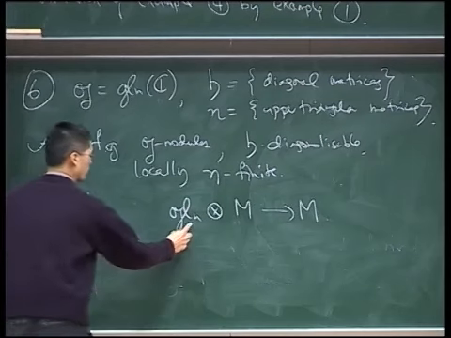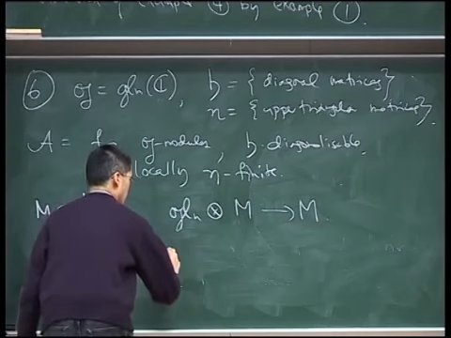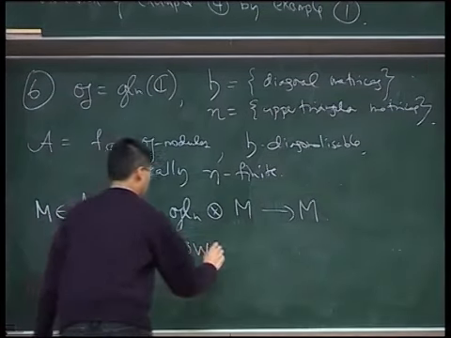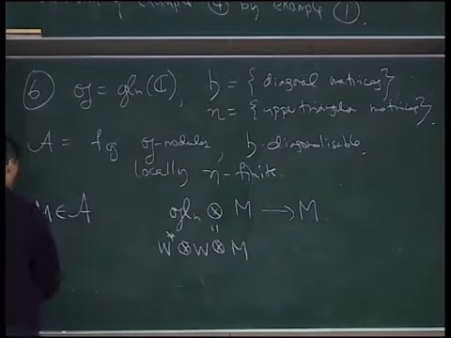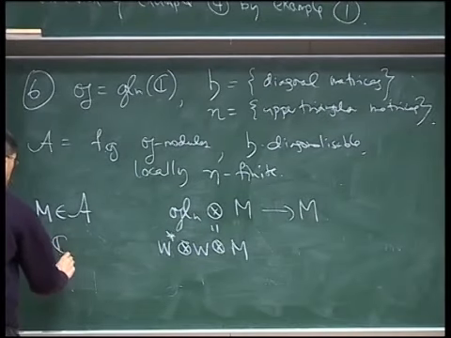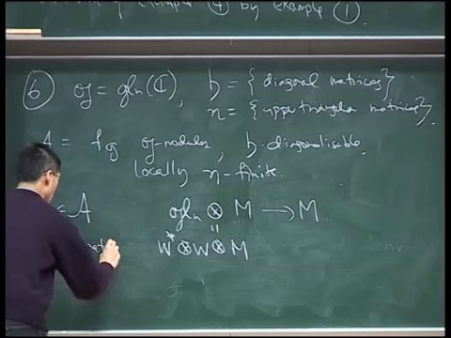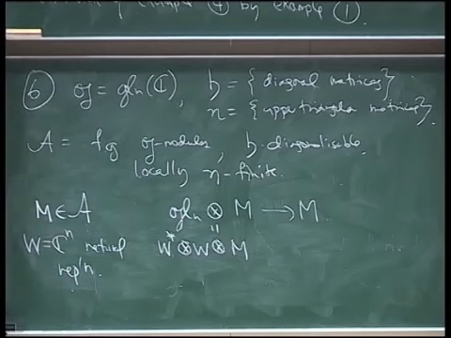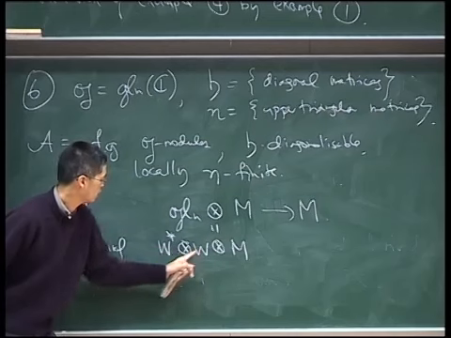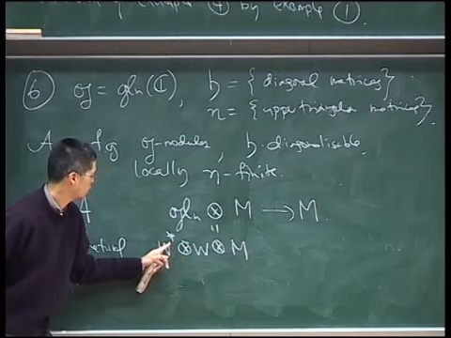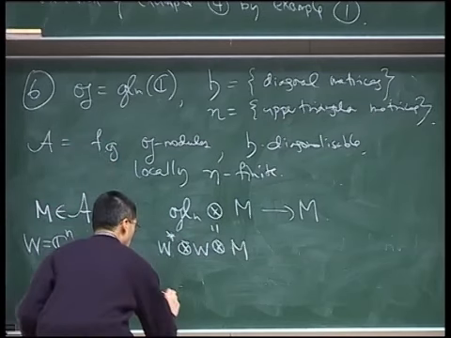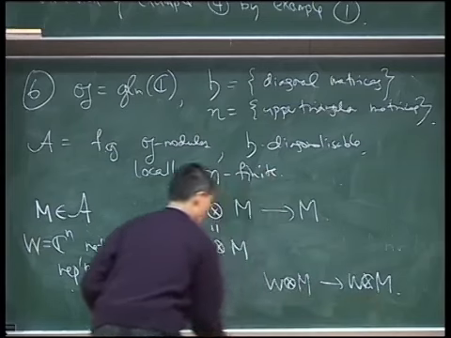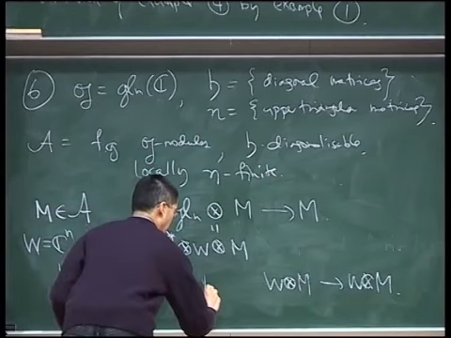When I do this, I can rewrite GLN as the tensor product of the natural representation W with its dual. Then I can take the adjoint of this map. I can move the W star to the other side to get an endomorphism of W tensor M, which I'll call L_M.